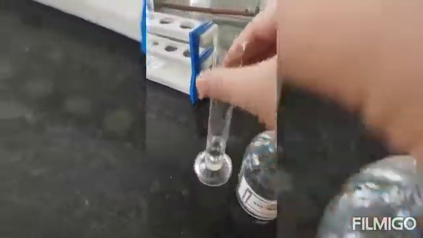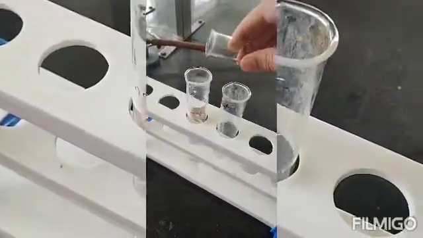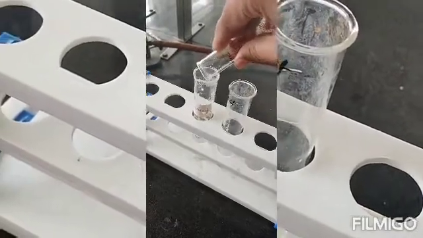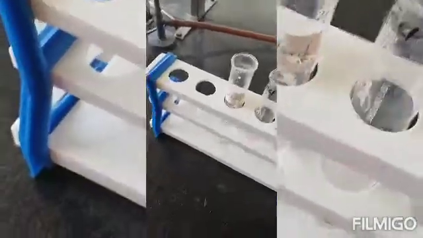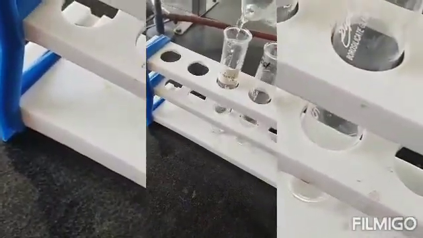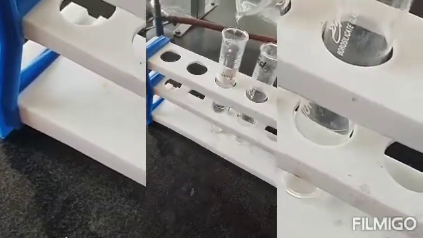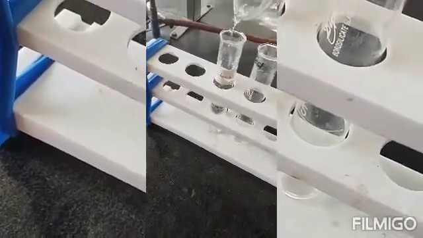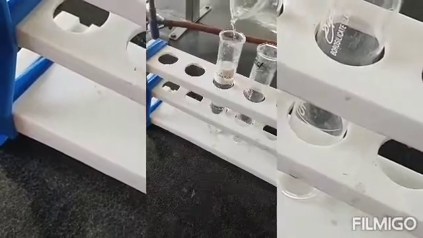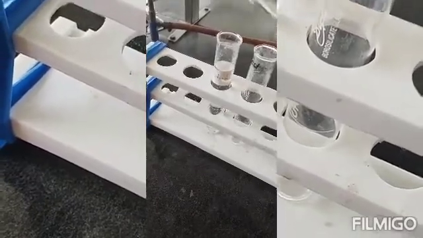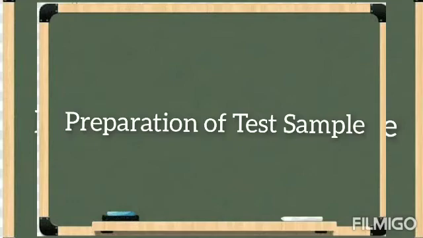Then add 10 ml of dilute nitric acid solution into the standard sample. Then add distilled water and make up the final volume up to 50 ml, that is up to the mark.